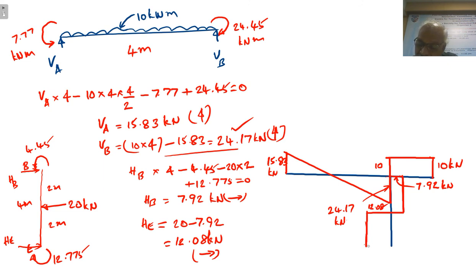That is why we have drawn from B, we have drawn HB to the right, and from this point we are drawing again 12.08 to the right. So this value is 12.08. So this is plus, this is minus, and so this is about the hatching of the shear force diagram.